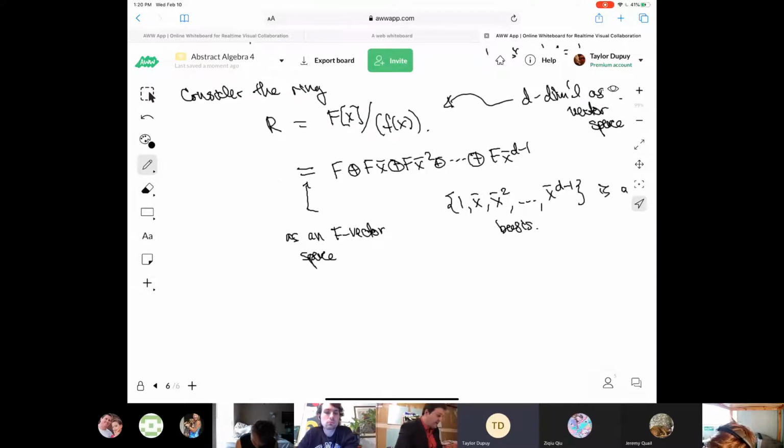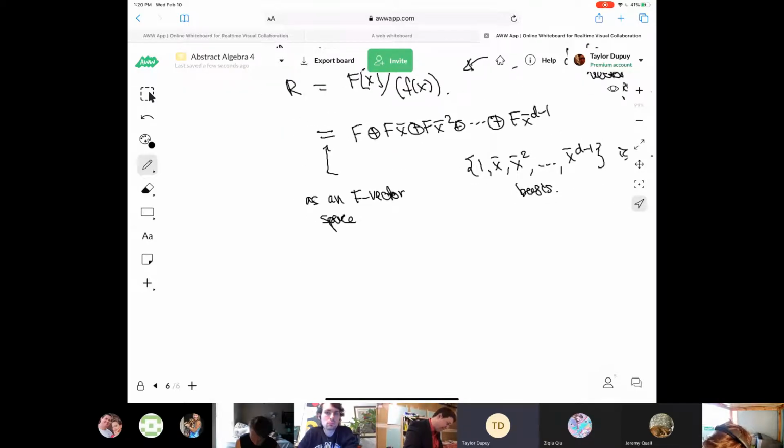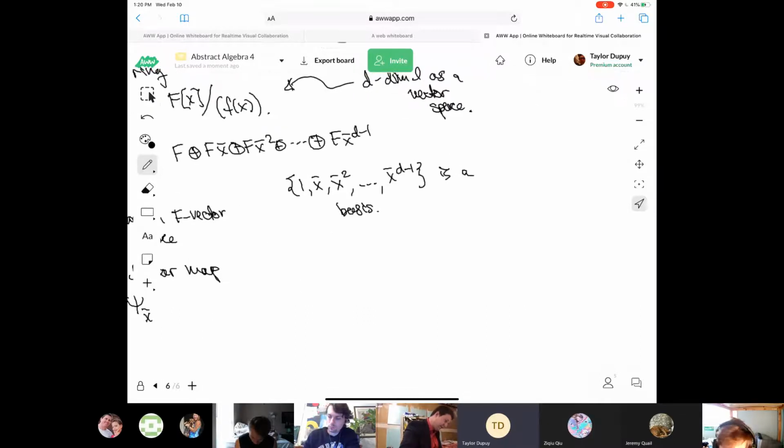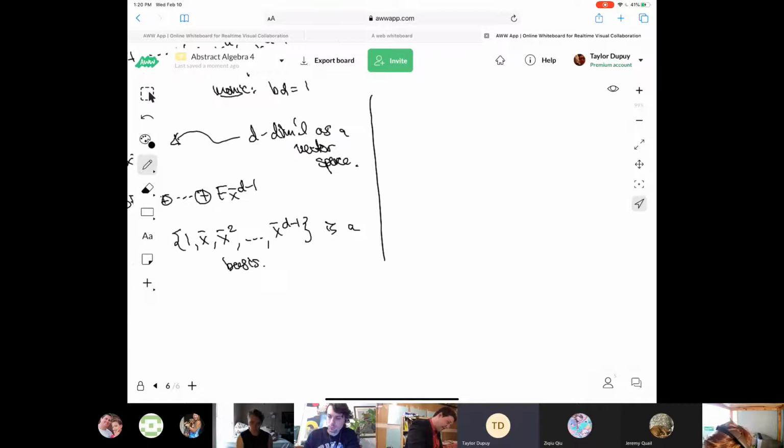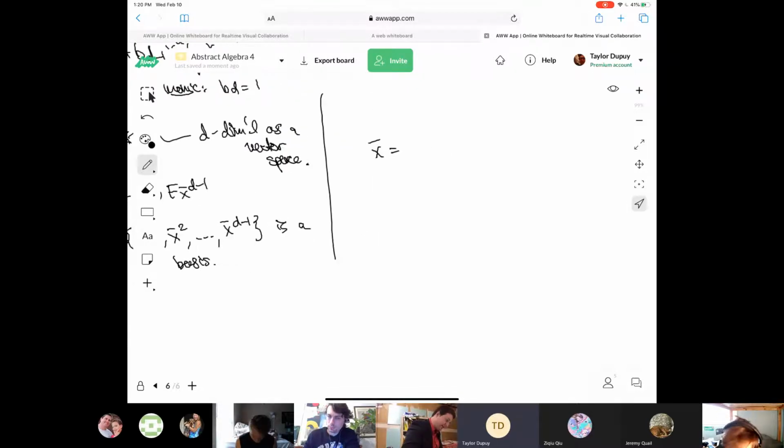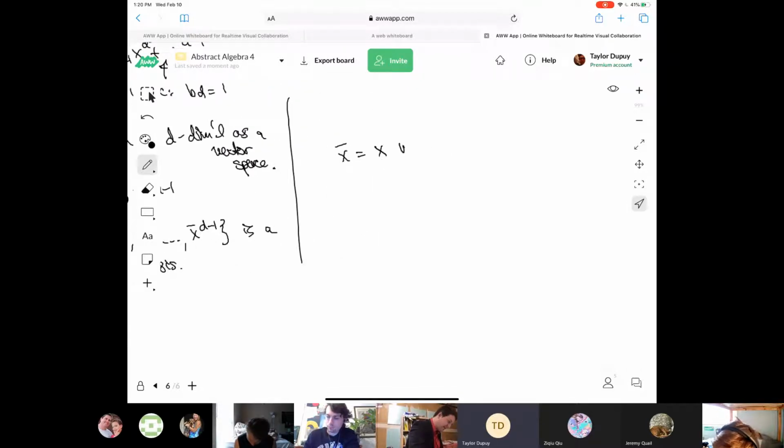Okay, and on this vector space there's a linear map. Consider the linear map, and we're going to call it psi of x bar. In the notation here, let's make it clear that x bar is x modulo the ideal f of x.